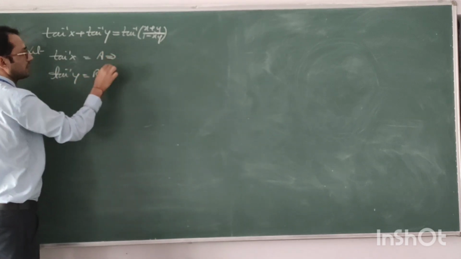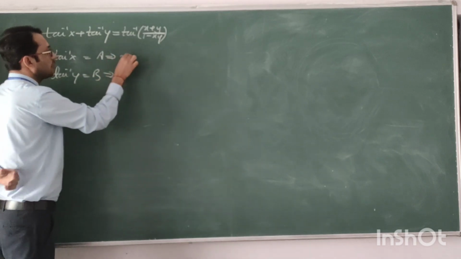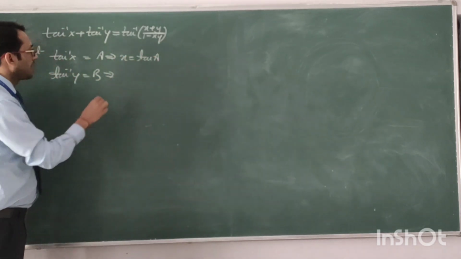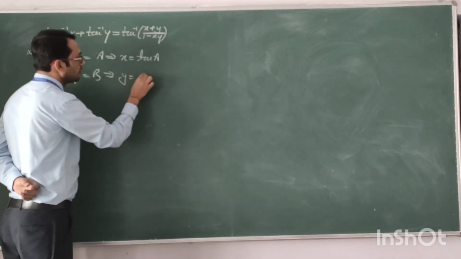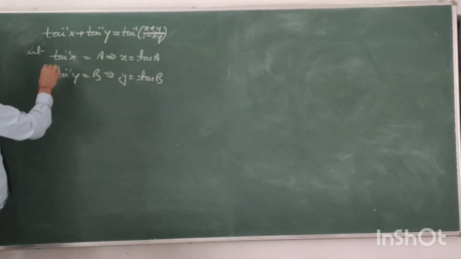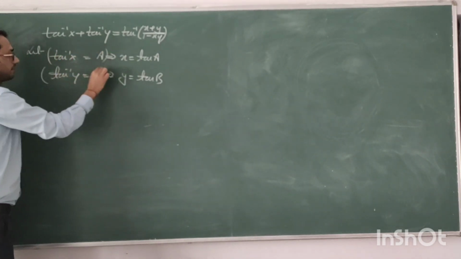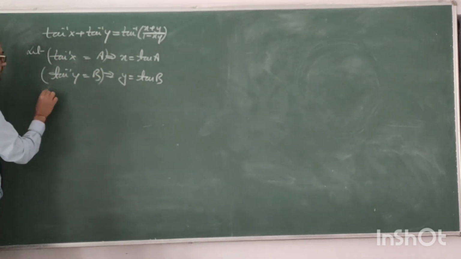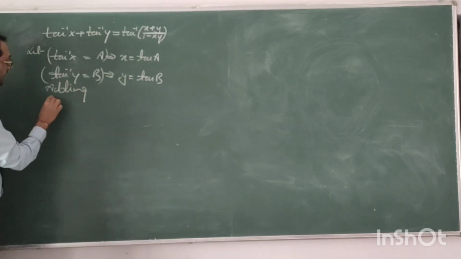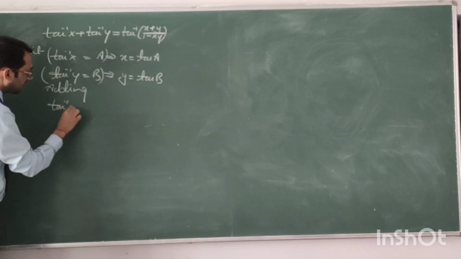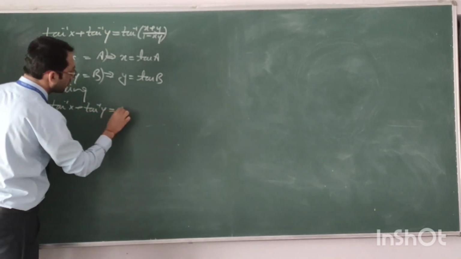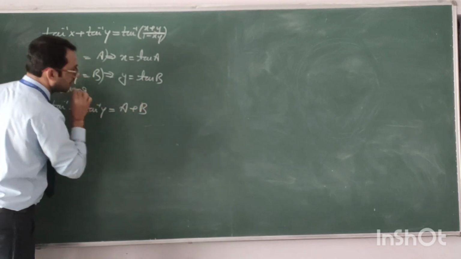This implies x equals tan a and y equals tan b. See one thing, we are adding them. So on adding, tan inverse x plus tan inverse y will be equal to a plus b.